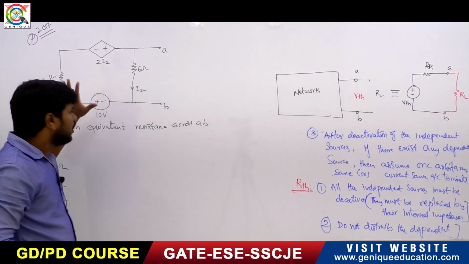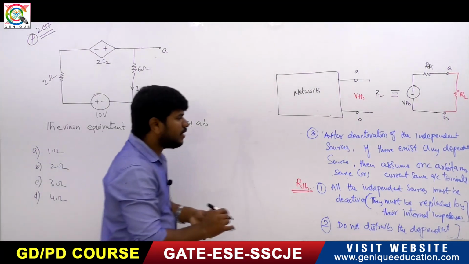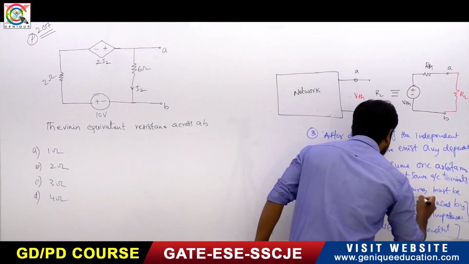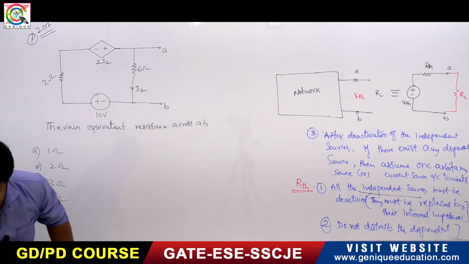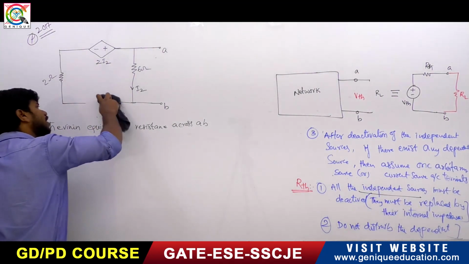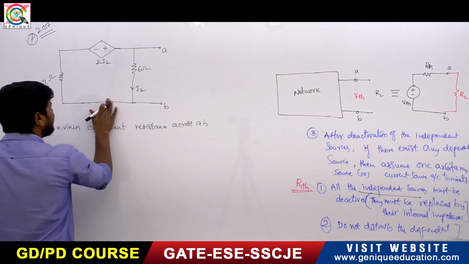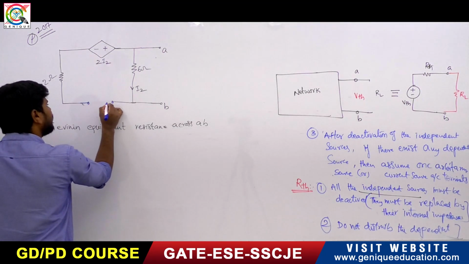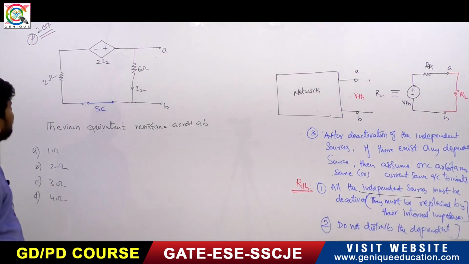One independent source, one dependent source. This is the one independent source. It has to be deactivated, which means it must be short circuited, because it is a voltage source, right?